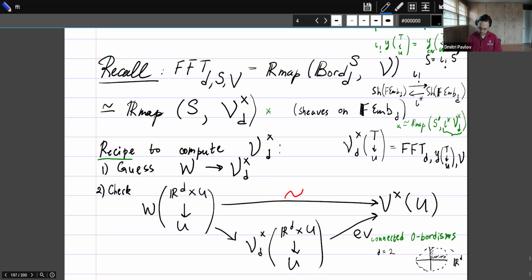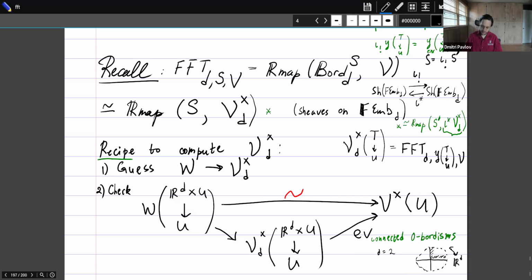So you can literally imagine your ball sitting inside RD. You can identify a bordism with its image in RD. So it's literally such a picture inside RD. And you evaluate your functorial field theory on such pictures.